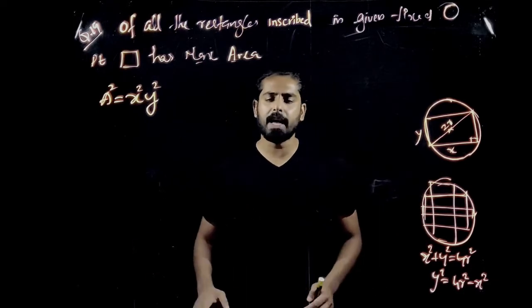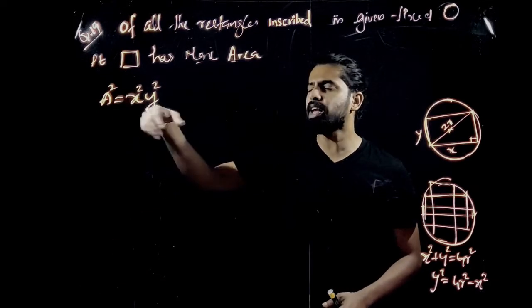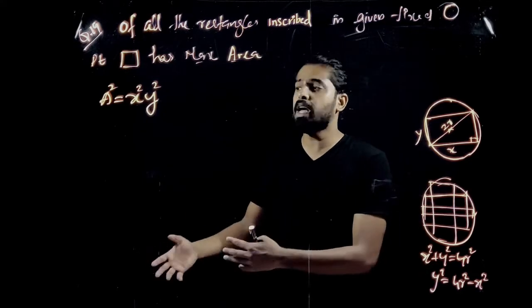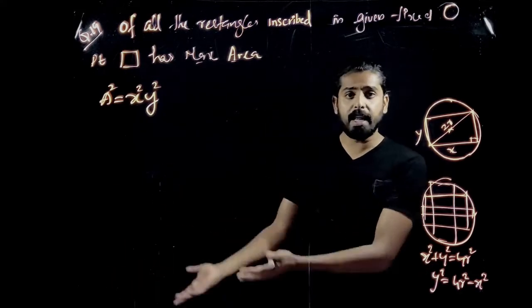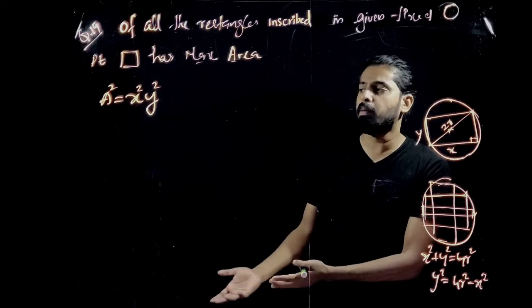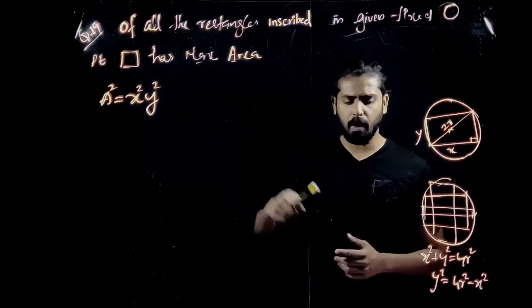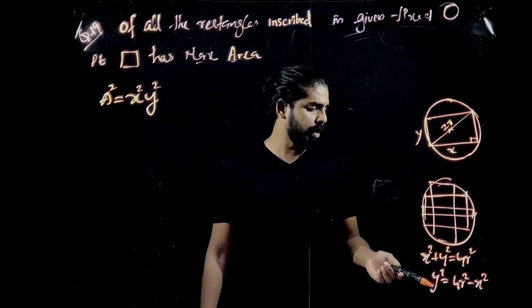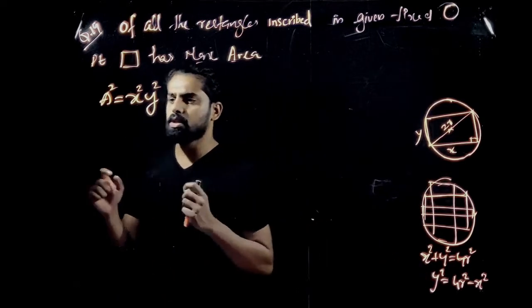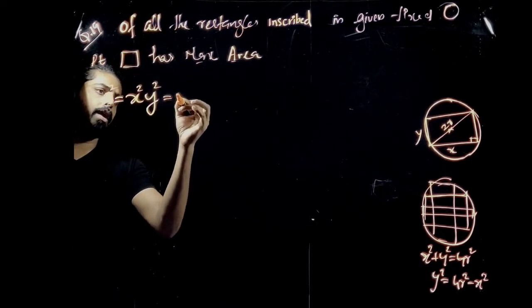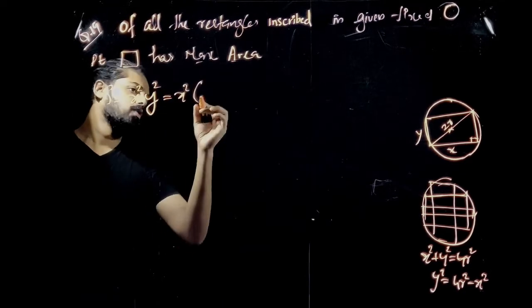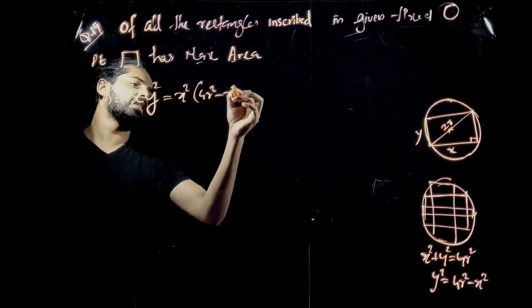If area is maximum, area square is also maximum. So we are going to prove the area square is maximum, and if area square is maximum, area will also be maximum. Okay, so we are taking area square as the function. Now we can substitute y square equal to 4r square minus x square over here. So this is equal to x square into 4r square minus x square.